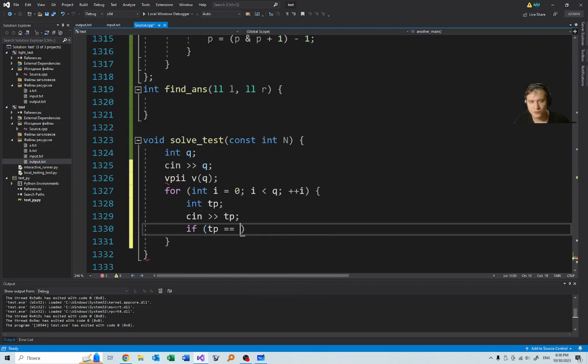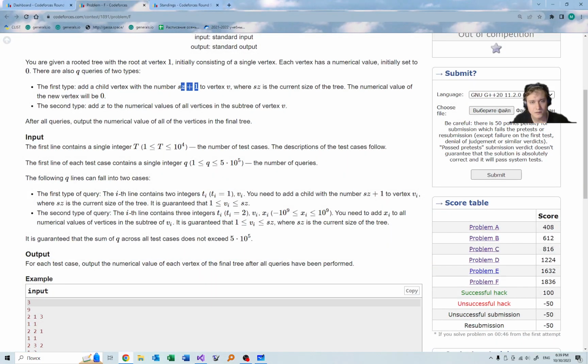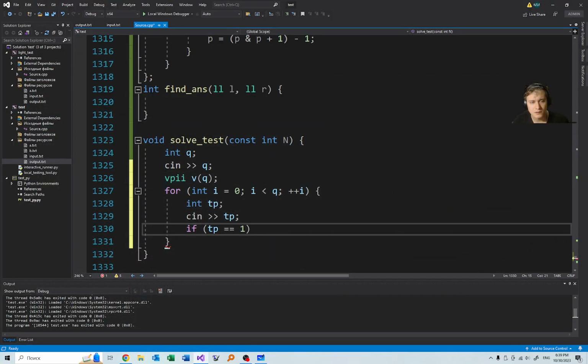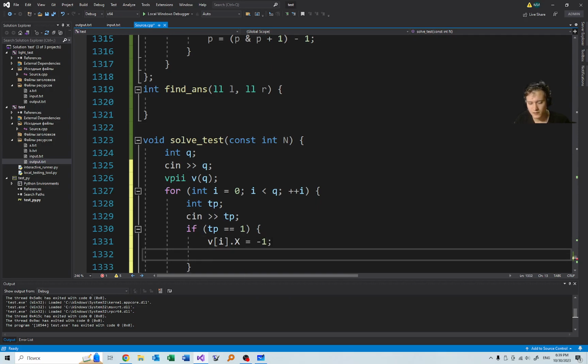So if TP equals 1, I would like to store -1 and read this number.